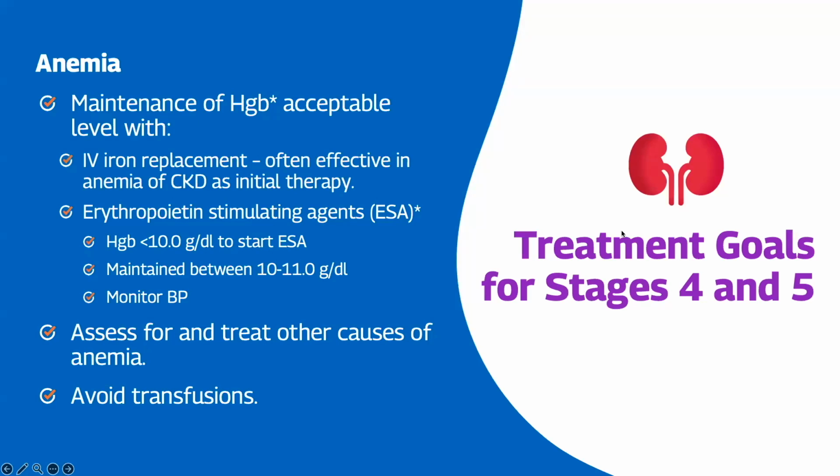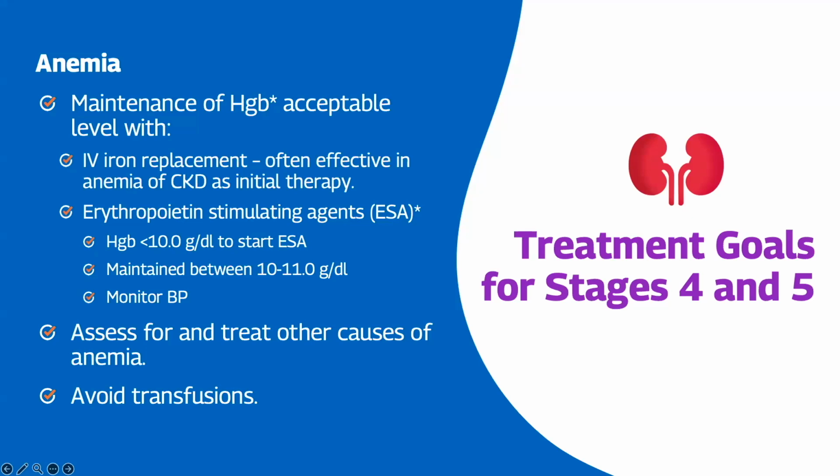Regarding anemia management, as the patient's kidney function declines, so does the availability of erythropoietin. Therefore, management includes IV iron as the initial therapy and also erythropoietin stimulating agents, also known as ESAs, to supply new RBCs.